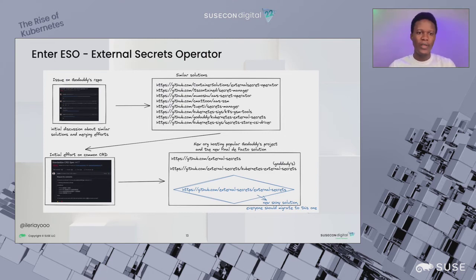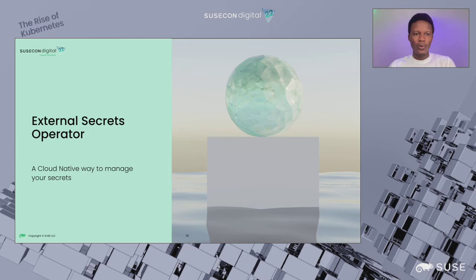And so from there, we created a common CRD, all right, and an organization on GitHub was created to take care of this solution, and it was called external secrets, and people began to migrate onto this new solution. So External Secrets Operator is a cloud native way to manage your secrets. External Secrets Operator, we call it ESO for short.